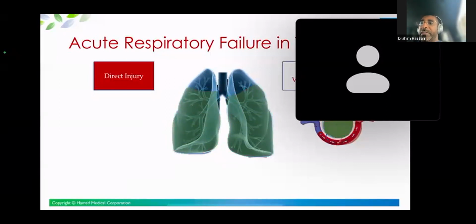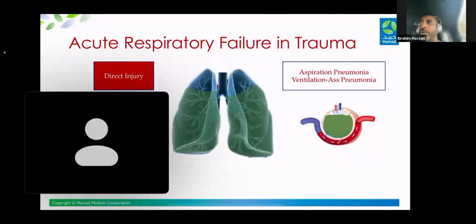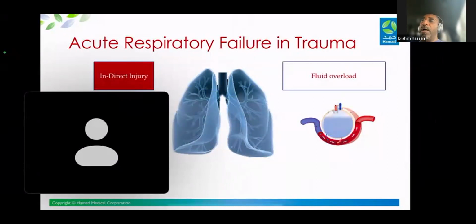You could also get infection. The majority of these patients, with traumatic brain injury in particular, will not be able to protect their airway, and they will have aspiration pneumonia that could be severe, chemical pneumonitis that can later become bacterial pneumonia. They can get ventilator-associated pneumonia as well. So those are direct causes.